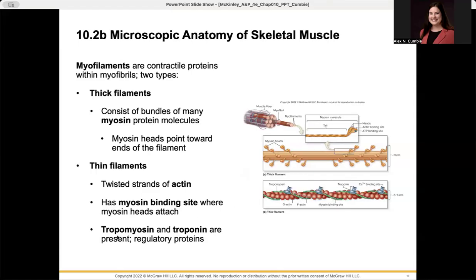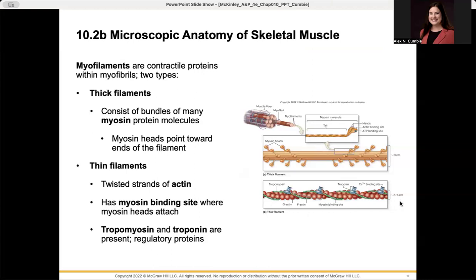And then we have two other proteins, which we call regulatory proteins, which are sitting on the surface. The green that's kind of wrapping around, okay, is called tropomyosin. And then the other one, which are these kind of blue looking ones sitting on top here, are called troponin. Okay, lots of T words here.